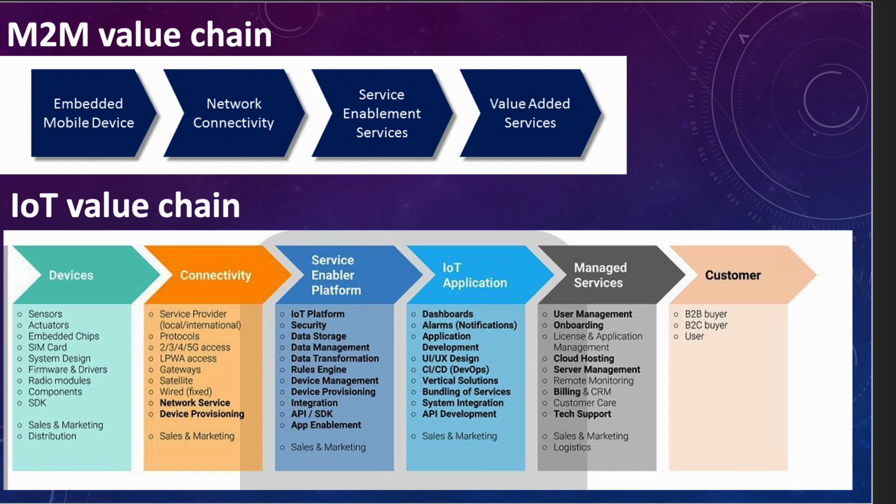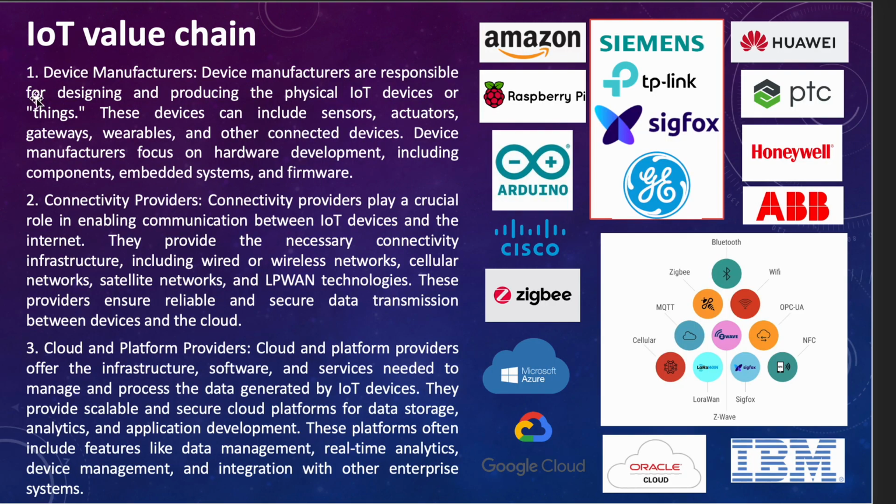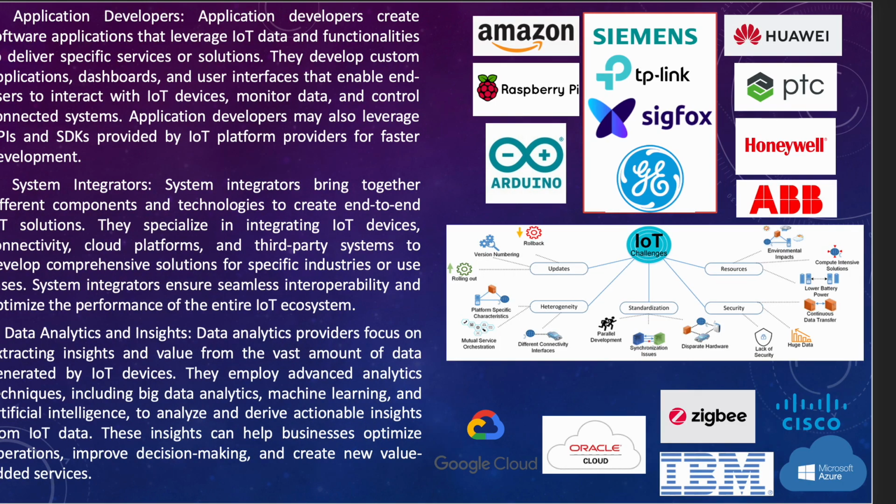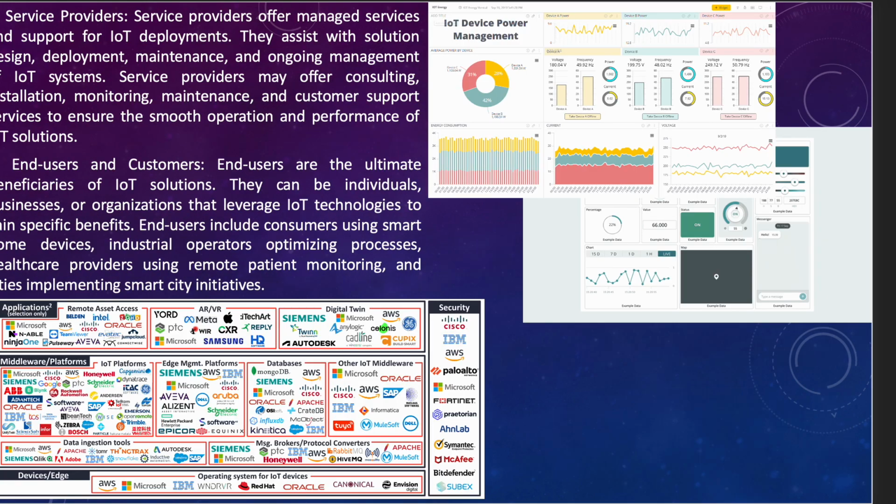You can be a company that caters to every part of this value chain, or you can be a company that adds value to a specific section of the value chain. We looked at the examples out there when coming into device manufacturing, connectivity, and so on and so forth.